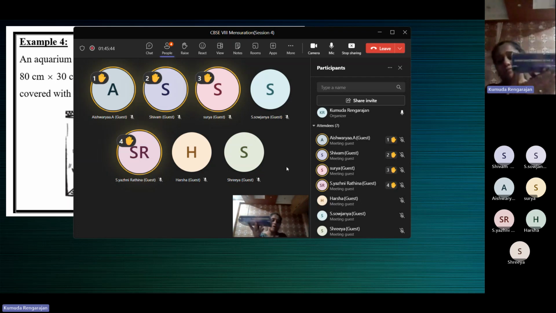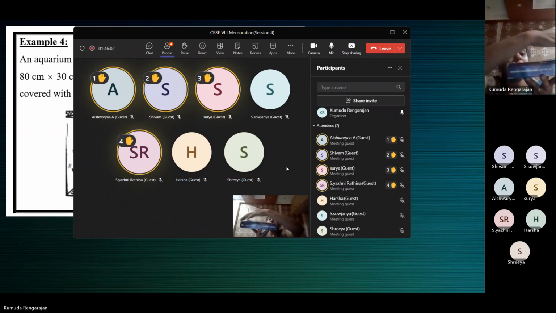Now the top and the bottom face. Let me show you the top like this. This is the top. The top face. So this is L, length for the cuboid, and this is the breadth. So the top and the bottom face area will be L into B, length into breadth.